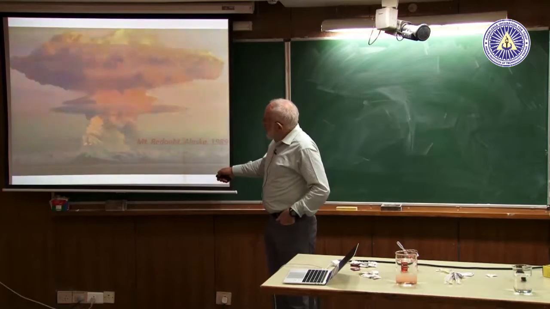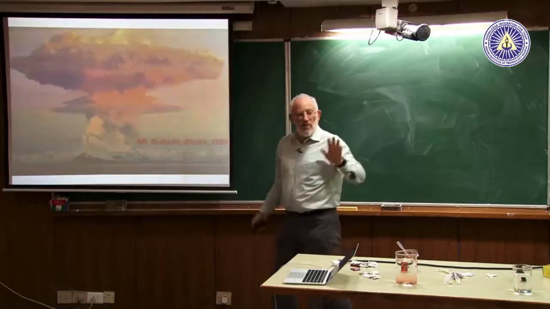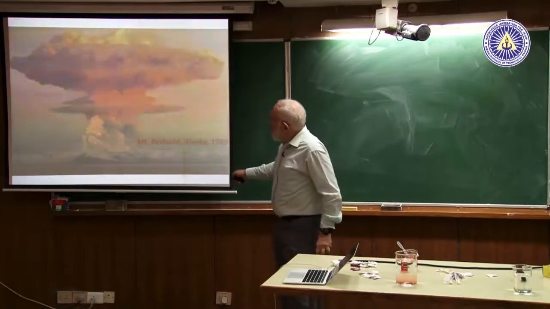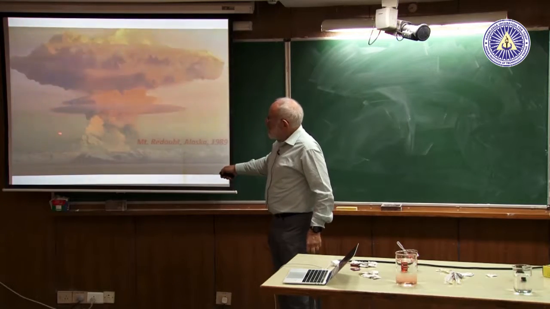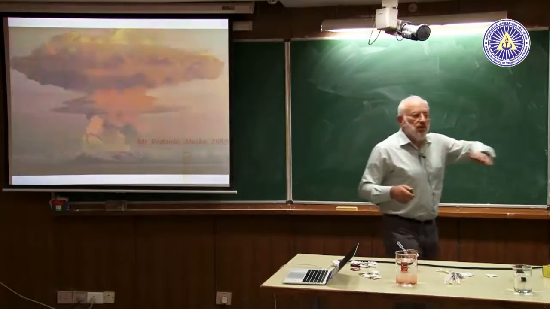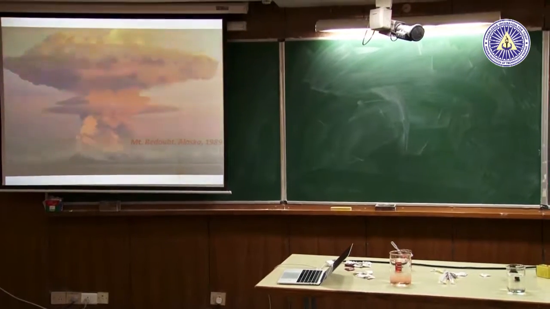What happens is there was an eruption of Redoubt in 1989, and the temperature and the particle concentration, and we'll talk much more about that next lecture, was such that the plume coming out was heavier than the atmosphere at that level. And so it ran down the mountain in what's called a pyroclastic flow, or a gravity current, as we'll talk about next time. But you had this heavy, particle-laden, hot pile going down.